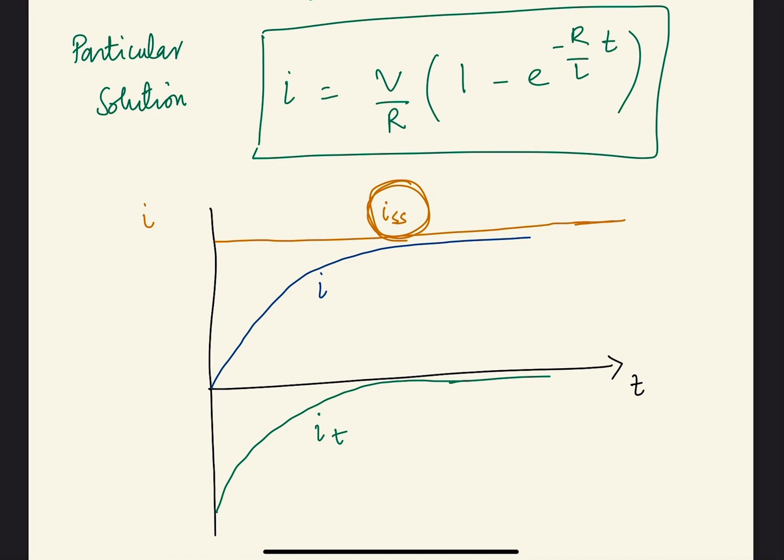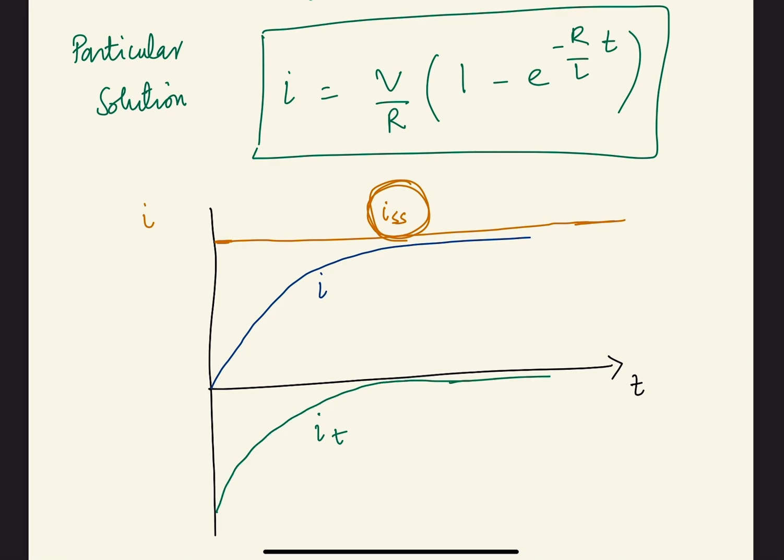The orange line is the steady state value, and if you notice, the steady state value is achieved at time equal to 0 also. See, it is here always, right? Because it is independent of time. And what about the transient part? The transient part is this green. It starts here and then it goes on decaying like this.